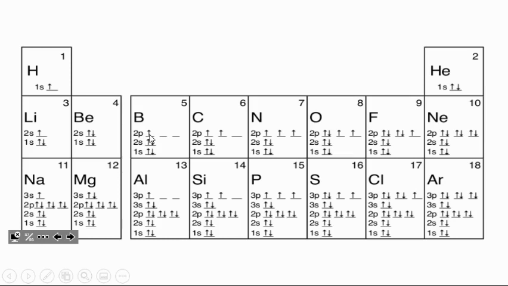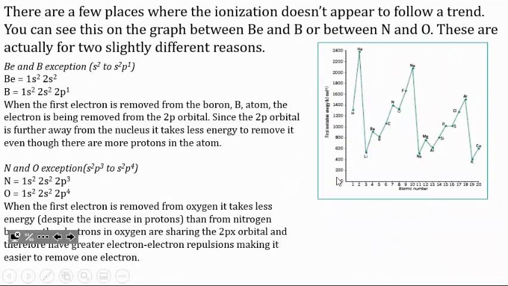Yeah, the distance has increased, because you've got your 1s, your 2s, and the 2p's just a little bit outside the 2s. So the distance is increased just a very little bit, and that's why it dips down there.